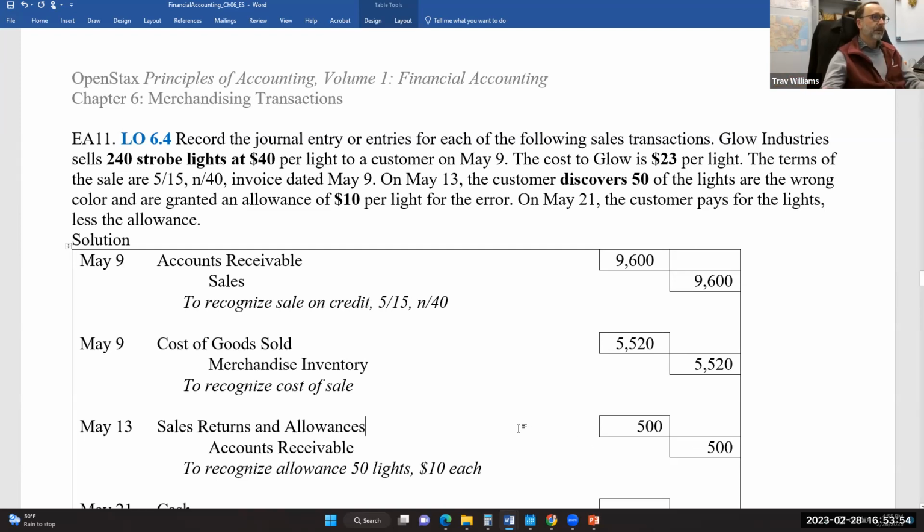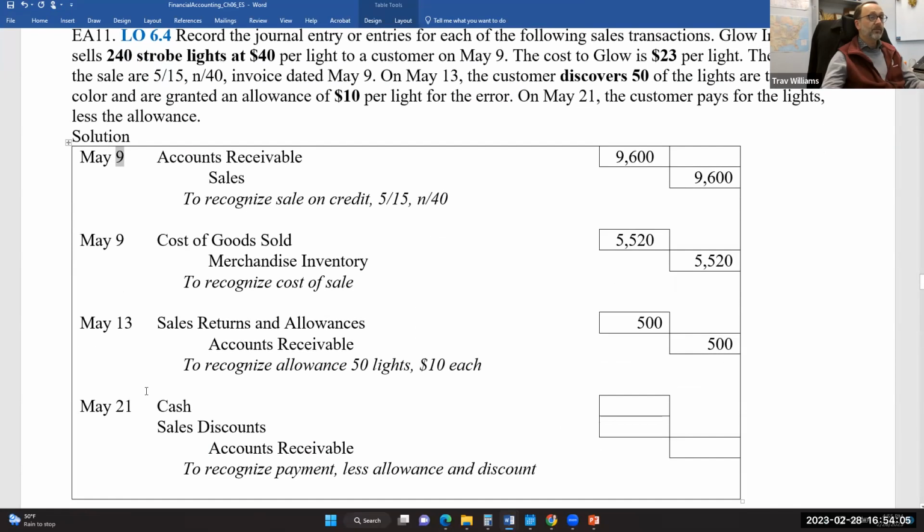Okay. Then they make their payment. So let's see, they had 15 days to pay. Starting with the 9th, they make their payment on the 21st, so they paid within the discount window. What is their accounts receivable? It started as $9,600. We reduced it by $500, so they only owe $9,100, right?